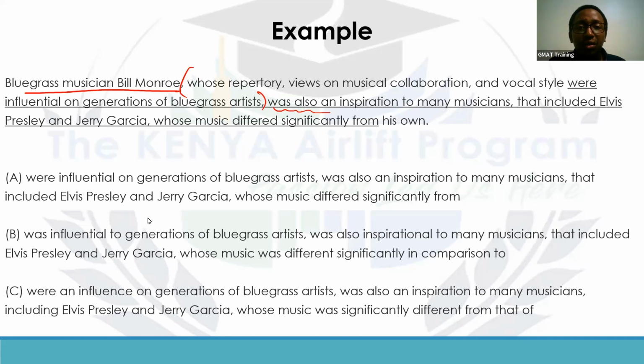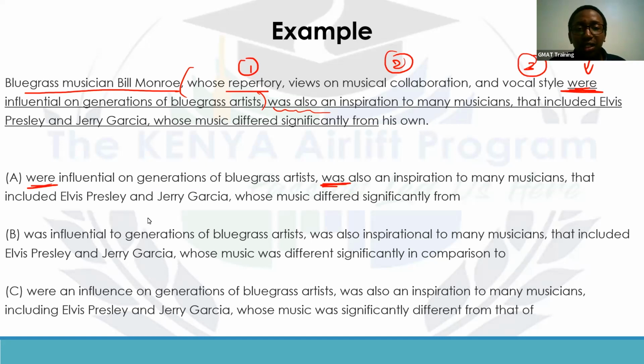views on musical collaboration and vocal style were. So this first verb is referring to these three. So 1, 2, 3. So this should be plural. So were influential in generations of bluegrass artists. So the musician was.